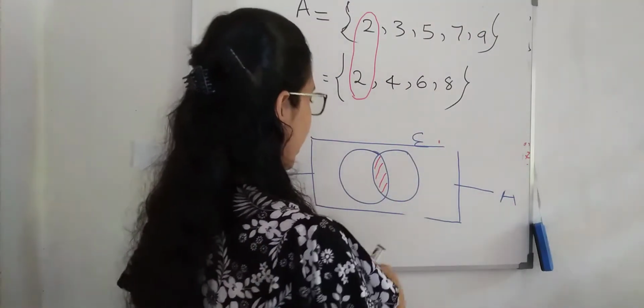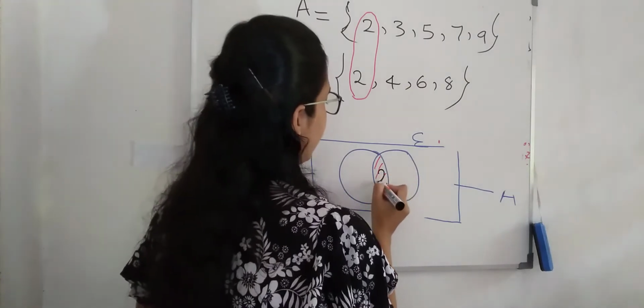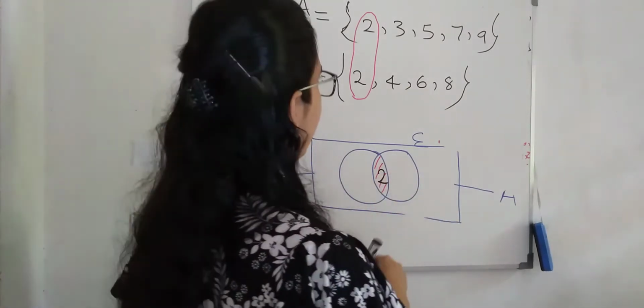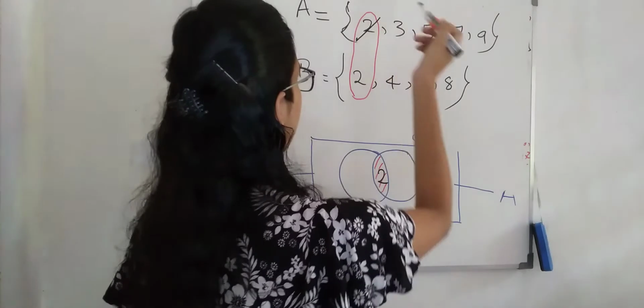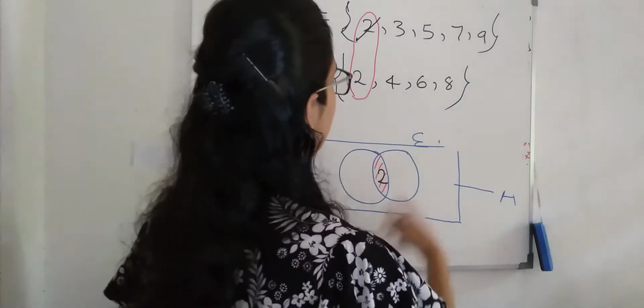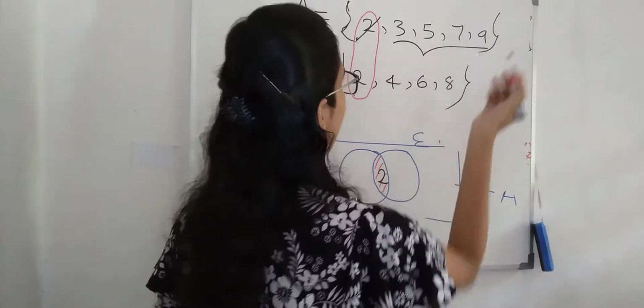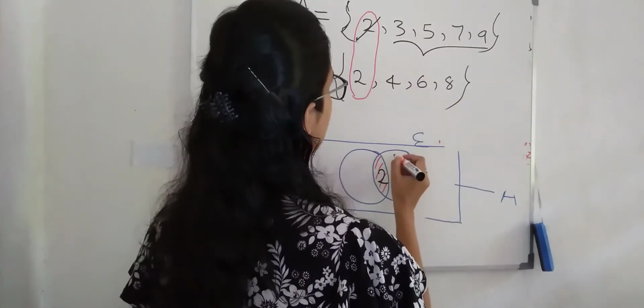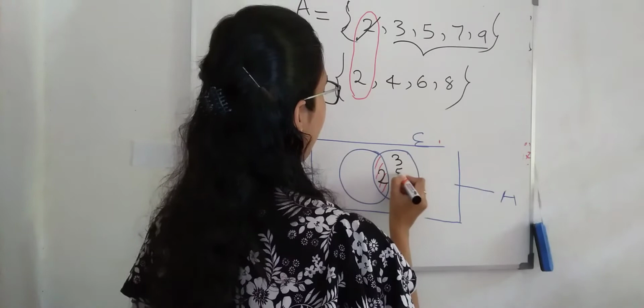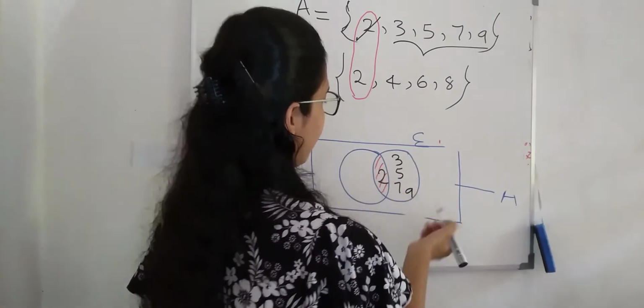Only one common element. What is that? Only 2. Now we have already put 2. Now we can put the rest of the elements into the set A. What are the other elements? 3, 5, 7 and 9.